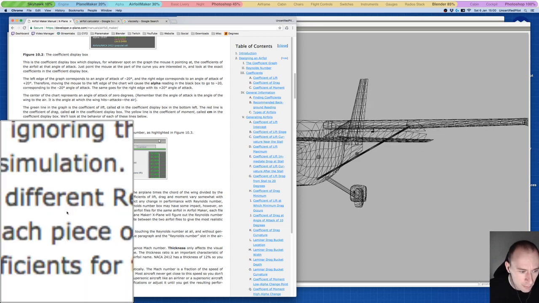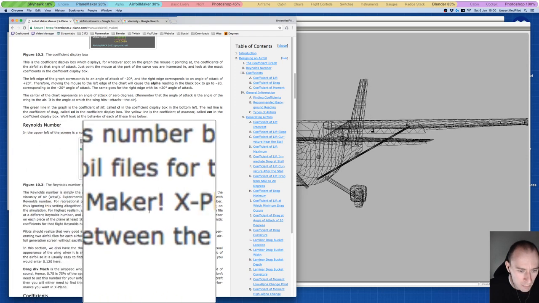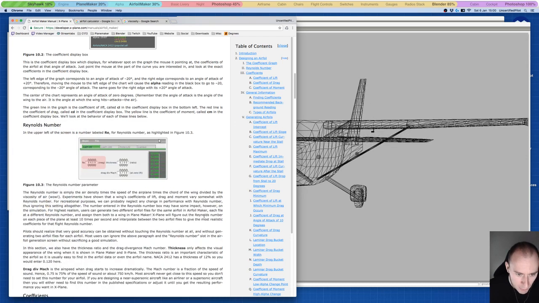Each file has a different Reynolds number, and you assign them both to a wing in PlaneMaker. Yes. X-Plane will figure out the Reynolds number on each piece of the plane at least 10 times per second. Wow. And interpolate between the two airfoil files to give the most realistic coefficient for that flight Reynolds number. Yes, so while we are flying, just to get this straight, we're taking off, we're climbing, we're descending, we're going through different air masses, virtually, obviously.